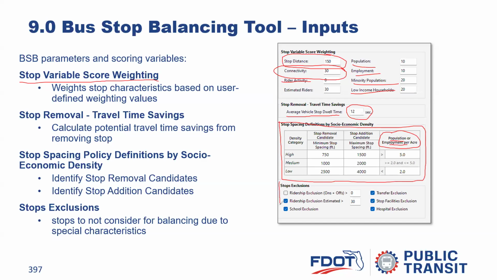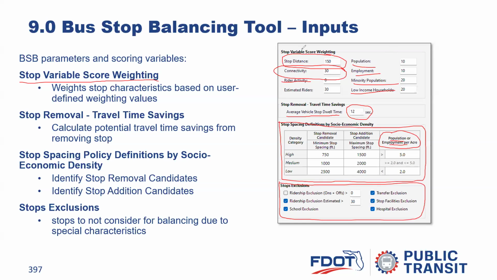You also have stop exclusions where you really don't want to remove stops that are where the estimated ridership is greater than 30 or the ons and offs are greater than a certain number at schools or transfer stations, stop facilities such as shelters and benches you wouldn't want to remove, or at hospitals. So these are just where you don't want to remove stops.